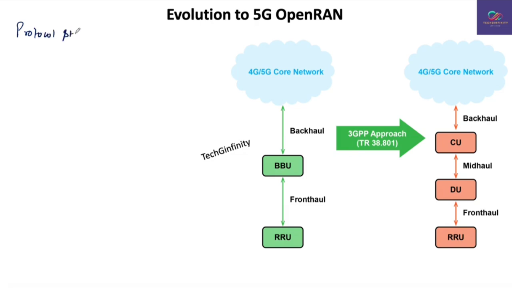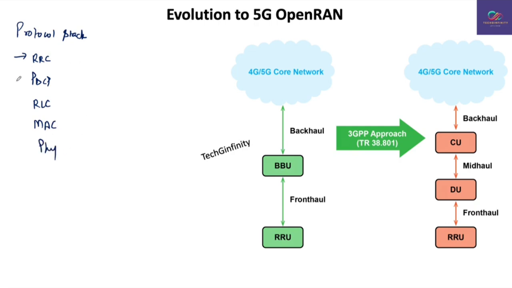It is in the form of stack layers. When you start from the upper layer, or you can say L3, that is called RRC. Then we have PDCP. Then we have RLC, and after that we have the MAC layer and physical layer.